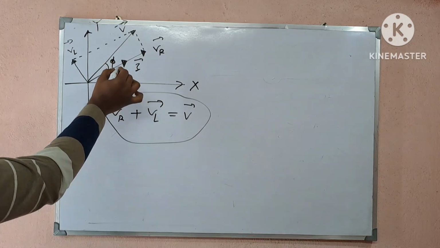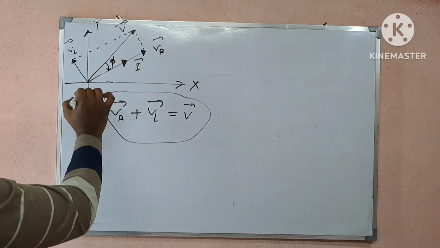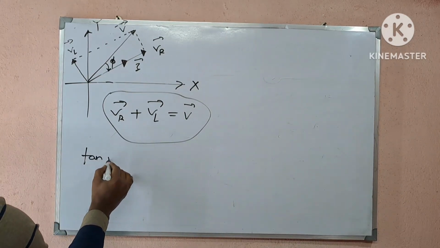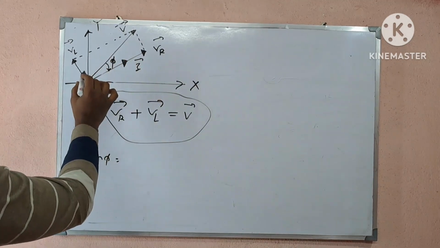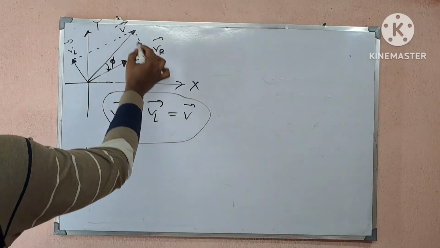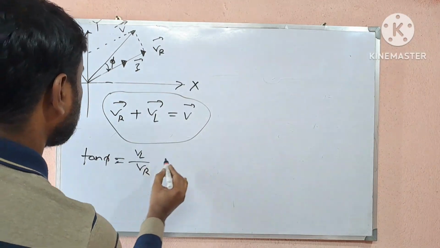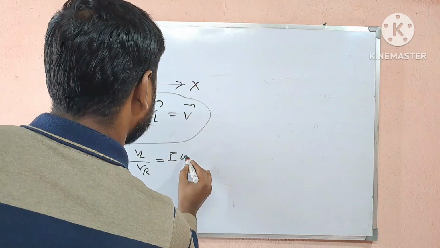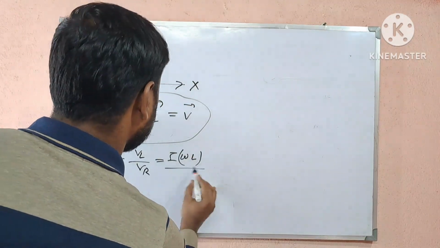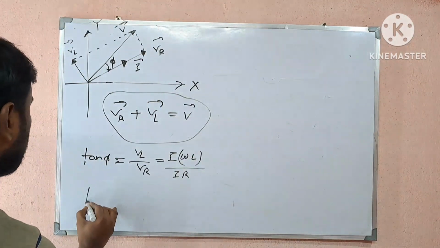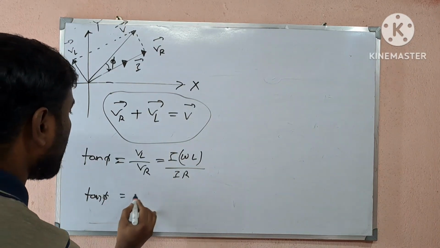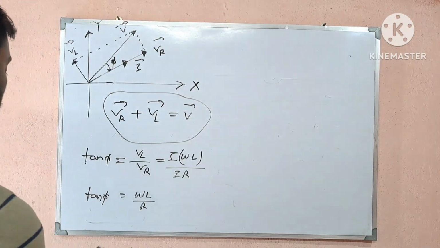So from diagram we can say that tan phi is equal to VL divided by VR. So we can say I omega L or I chi L divided by IR. So we can say that tan phi is equal to omega L divided by R.